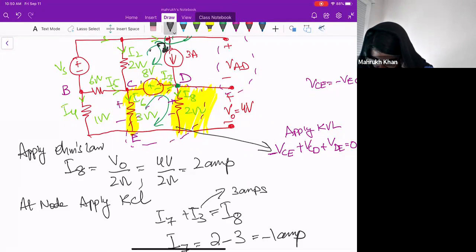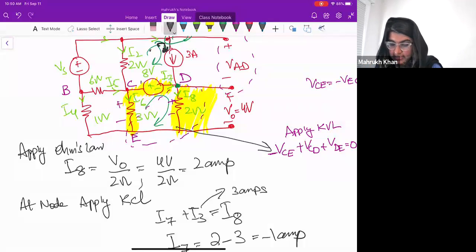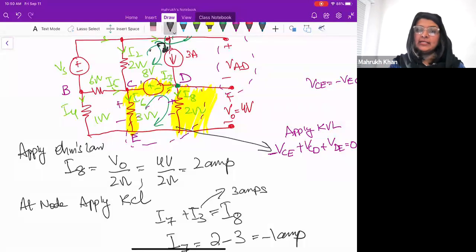So they are talking about node E. At node E, if you see, you have 3 currents that are coming, I4, I6, and I8, right? And as they are all coming, so you have I6 and I8, but you don't have I4, right? So I think that's the one unknown you don't have.